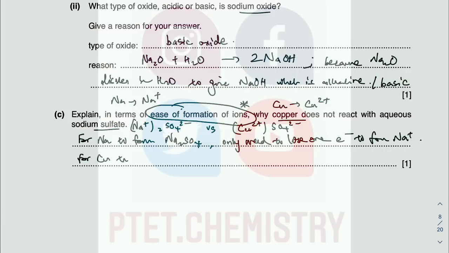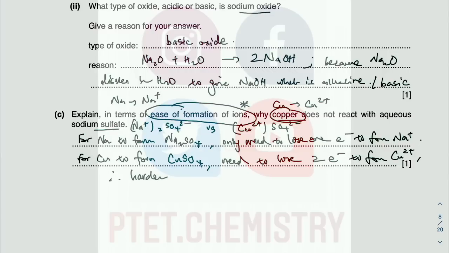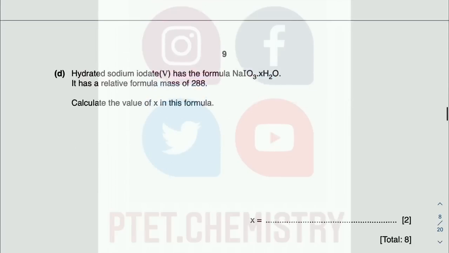For copper, so copper solid, because you're writing copper, right, to form CuSO4, that's copper 2 plus, it needs to lose 2 electrons to form copper 2 plus. Therefore, it's harder, more difficult. You need one more step. More difficult to react compared with sodium sulfate. Okay, I hope that makes sense.